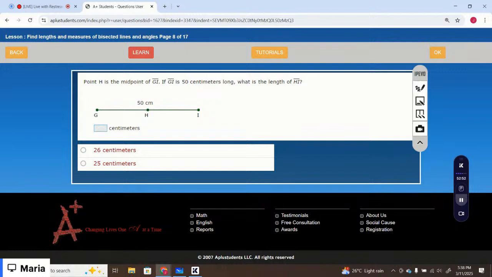Point H is the midpoint of GI. GI is 50 centimeters long. What is the length of HI?